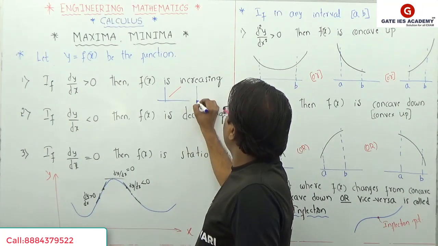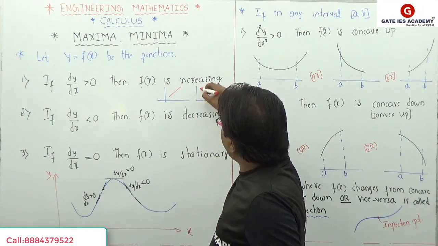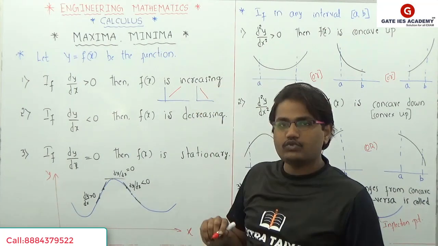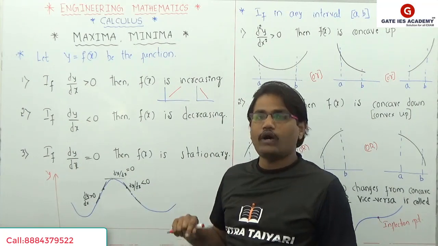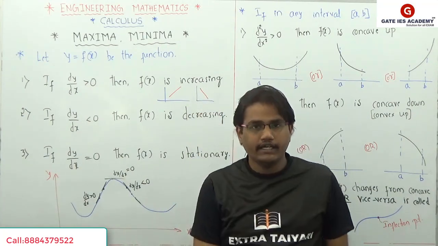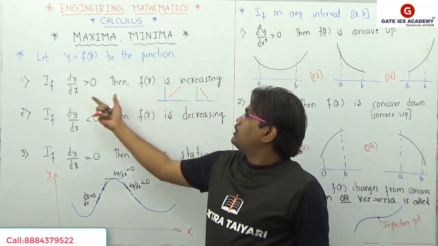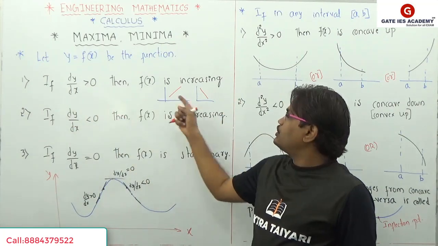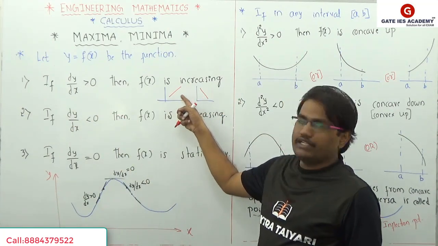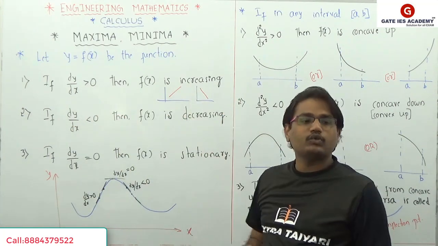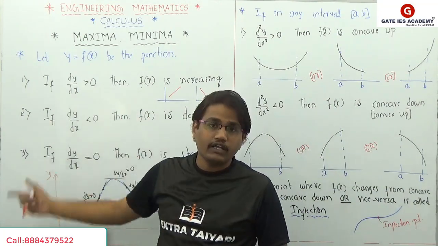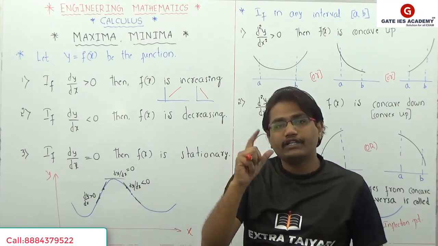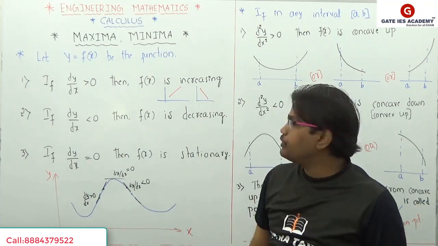And here this is a negative slope. Negative slope means as x increases, y will be decreasing, or as y increases, x will be decreasing. So slope greater than 0 means the function is increasing. f of x is known as an increasing function in the interval wherever there is a positive slope.